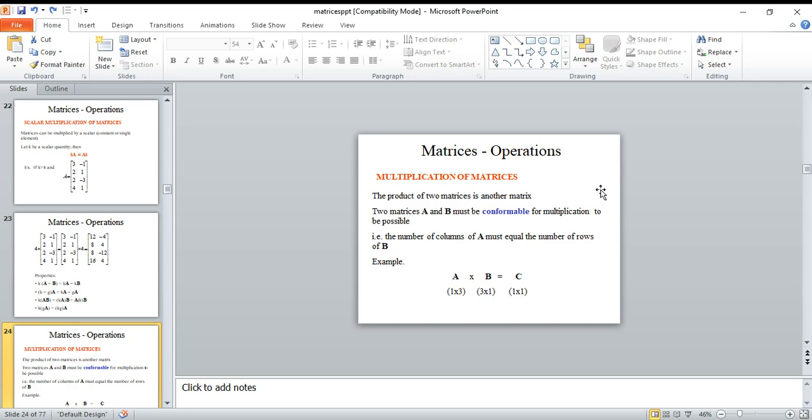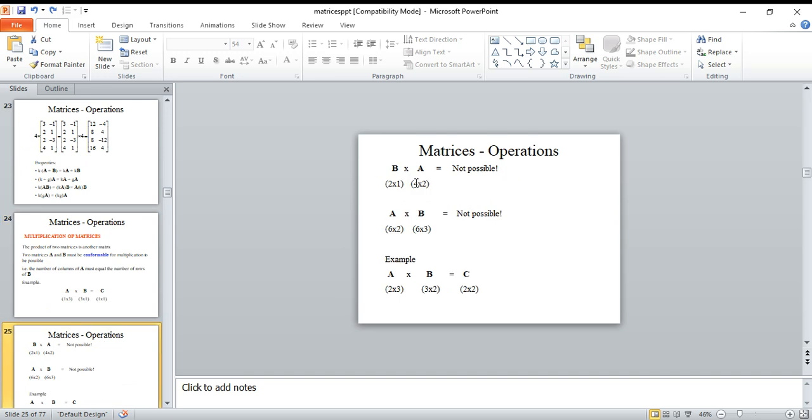So multiplication exists if the first matrix columns equal the second matrix rows. Then it is possible to multiply matrices.